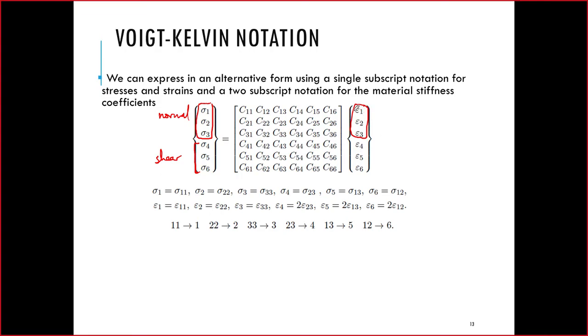Similarly for our epsilons. So what we have done is this 1 to 6, and now please be very careful, the index goes from 1 to 6. This is not tensor notation. Again, don't get confused by it. Remember that in tensor notation each index goes from 1 to 3.